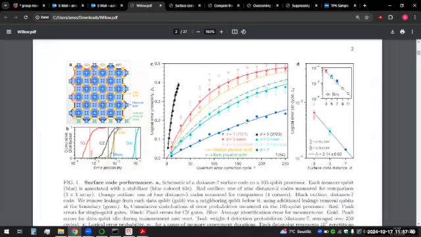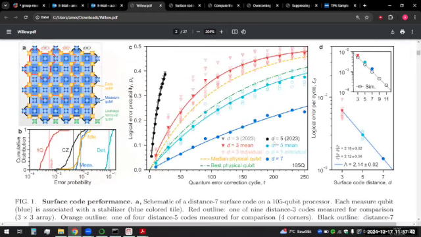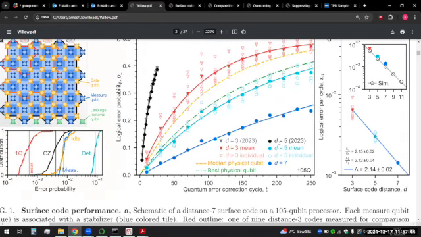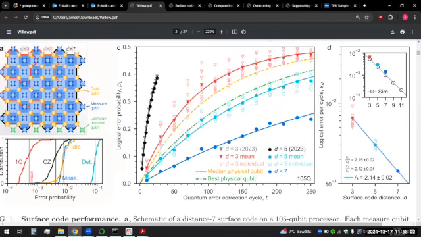So I think there are two things. For example, in this one here, they say d is equal to 5 and in brackets 2023. This refers to d equal to 5 on the 72 qubit chip. But they also have d equal to 5 on the 105, and then they refer to performing a subset on the Willow chip.